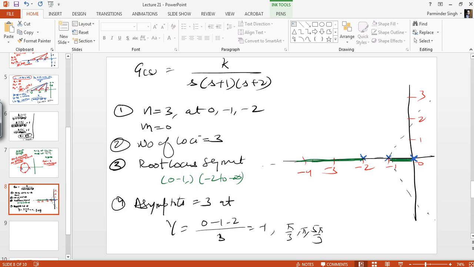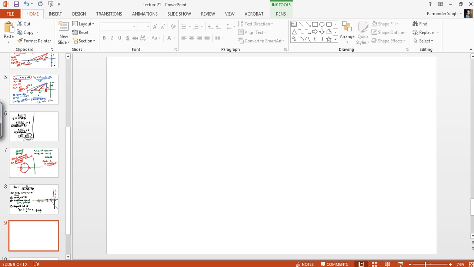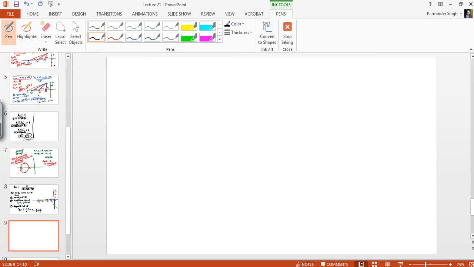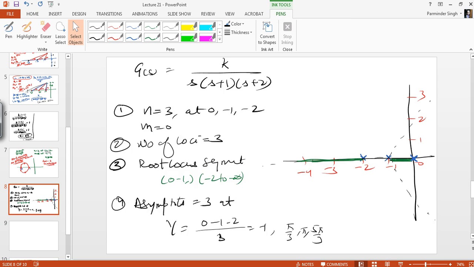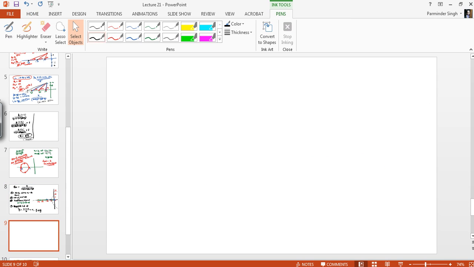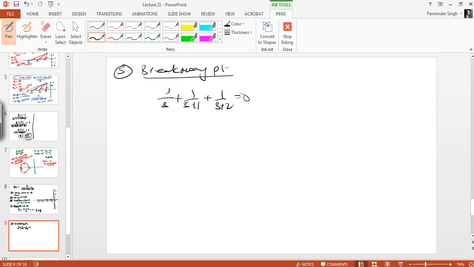Now moving further with the example. Since the asymptotes are cutting the imaginary axis, we need to find out the point at which, but before that, let's find out the breakaway point. This was rule number 5, breakaway point. Now the breakaway point is 1 over s plus 1 over s plus 1 plus 1 over s plus 2 equal to 0.